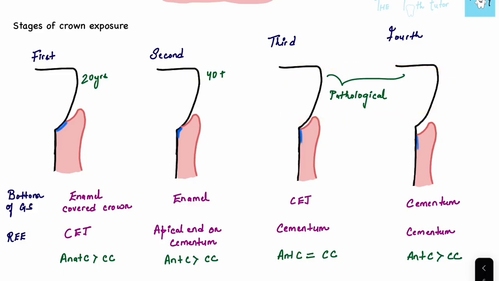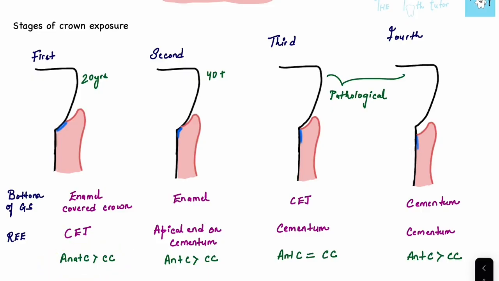Now, in the first stage, the bottom of the gingival sulcus is at the enamel portion. So this is still at the enamel covered crown portion, and the reduced enamel epithelium is at the cemento-enamel junction. You see that the reduced enamel epithelium is ending at the cemento-enamel junction. It is not going beyond, onto the cementum. The anatomical crown is greater than the clinical crown.